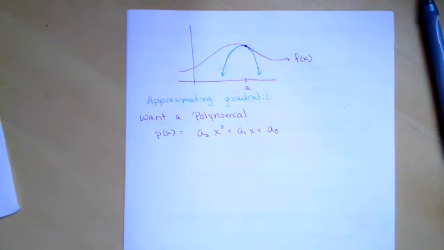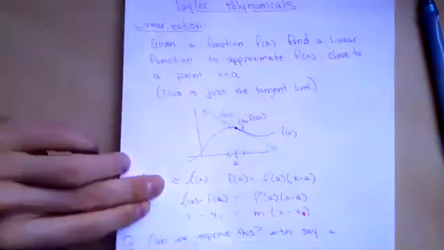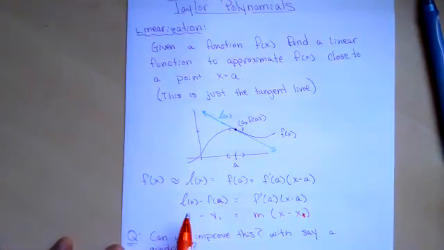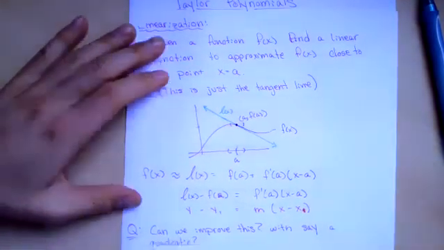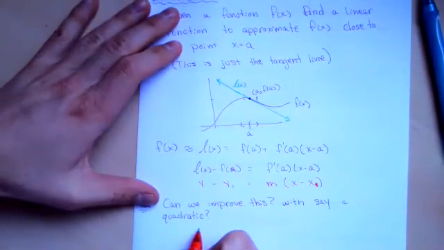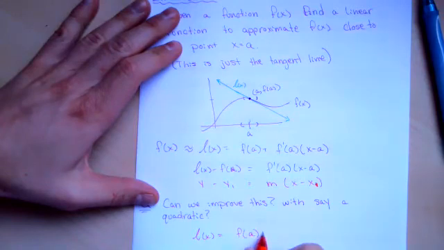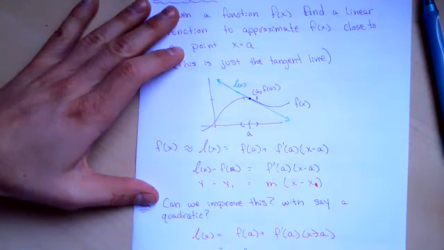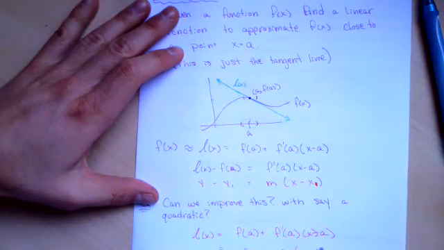This is kind of like what we had in the line. Let's take a look at this line again real quick. I wrote down point slope form, but another way of writing this equation, with x minus a, is kind of like my a naught plus some linear coefficient, slope maybe, and I've still got x minus a.